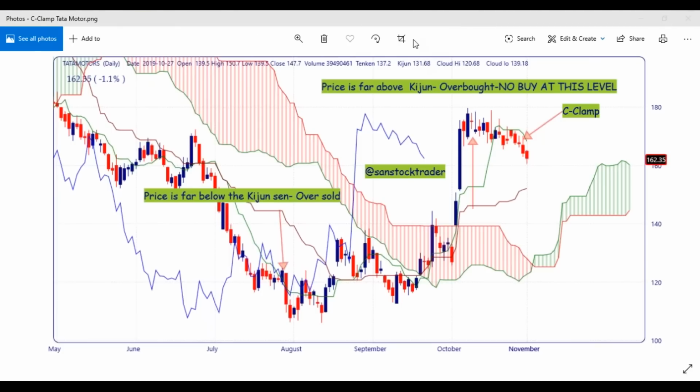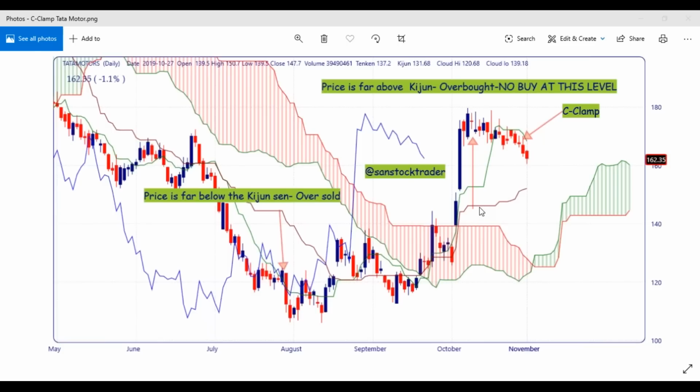See, the price is too far from the Kijun, and slowly the price is coming down. So is it making a C shape? This pattern looks like a C clamp. That's why the name comes as C clamp.